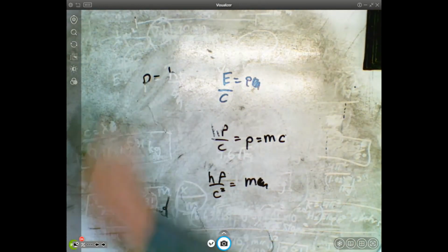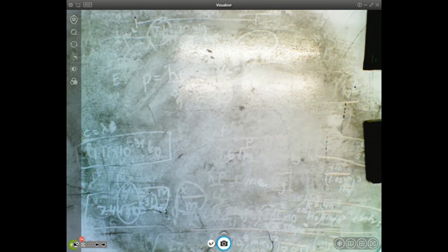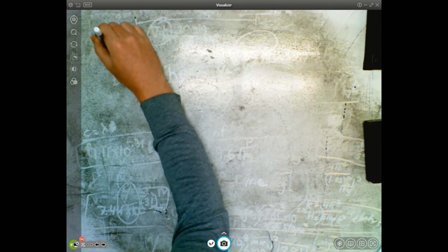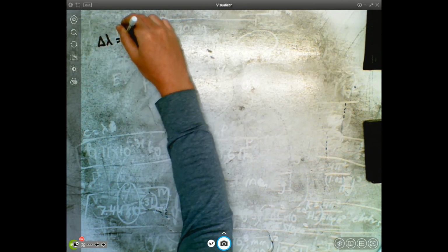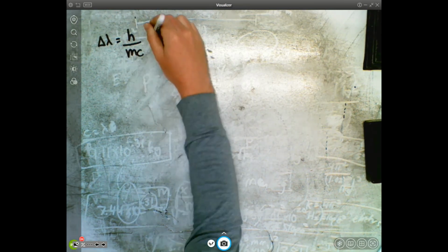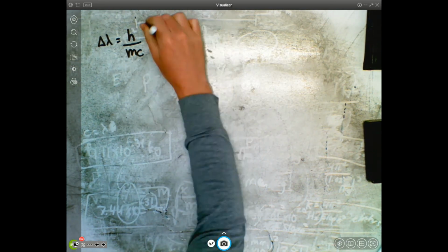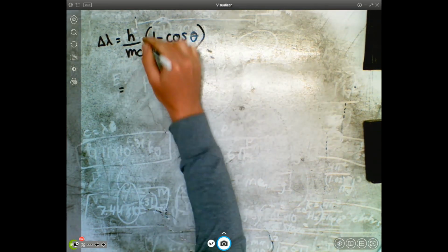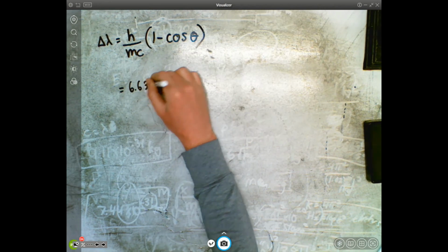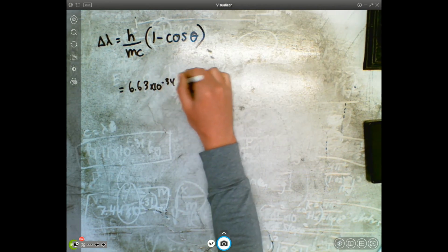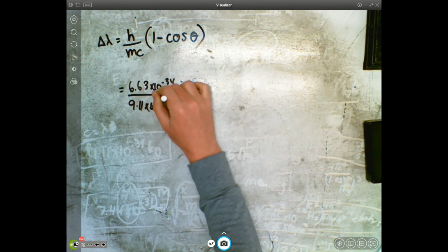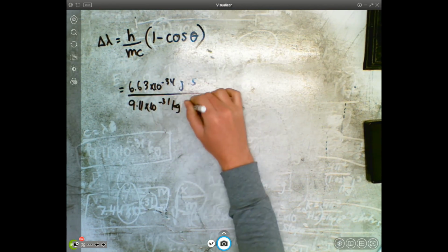I'm going to show you how it works. Delta lambda is equal to h over mc, times 1 minus cos theta. Really we just need to plug stuff in. You always get the same value: it's always 6.63 times 10 to the negative 34 joule seconds, your mass is always the mass of your electron, and c is always the speed of light.